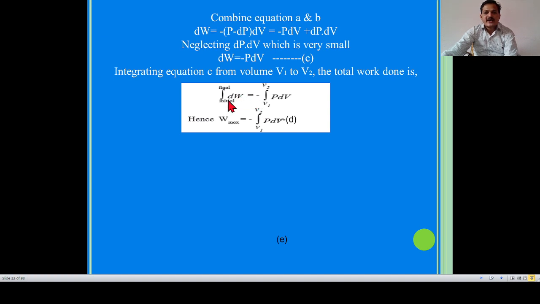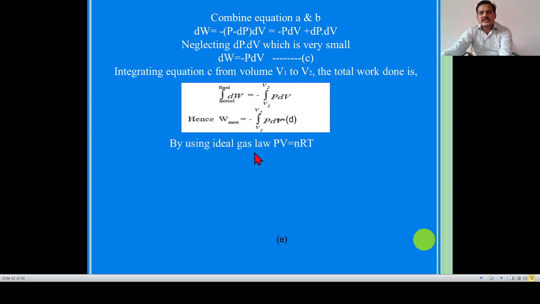Rule number 1: integrating dx is equal to x. So integrating dW is equal to W max, because maximum work is attained, which is equal to minus the integral from V1 to V2 of P dV. That is equation D.